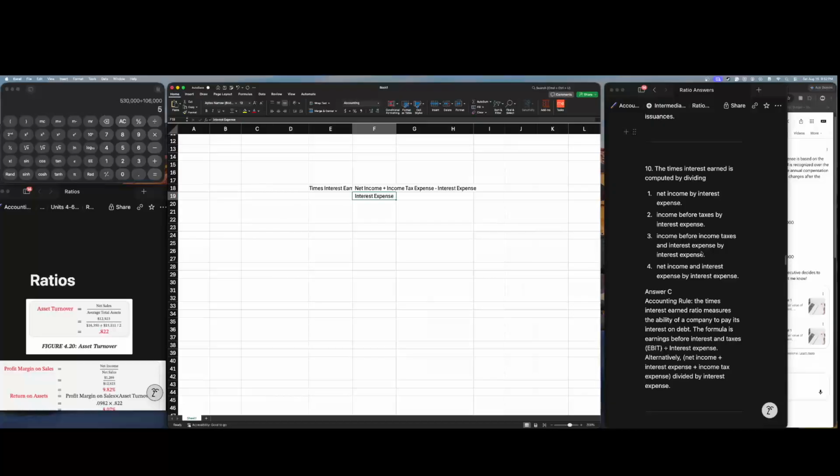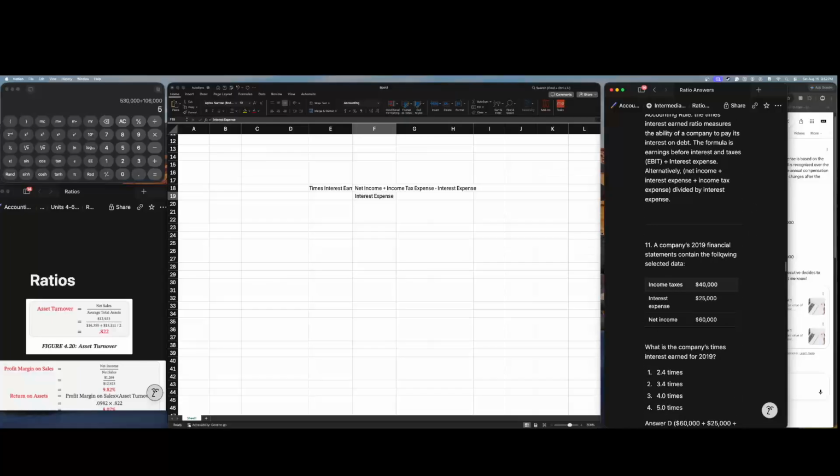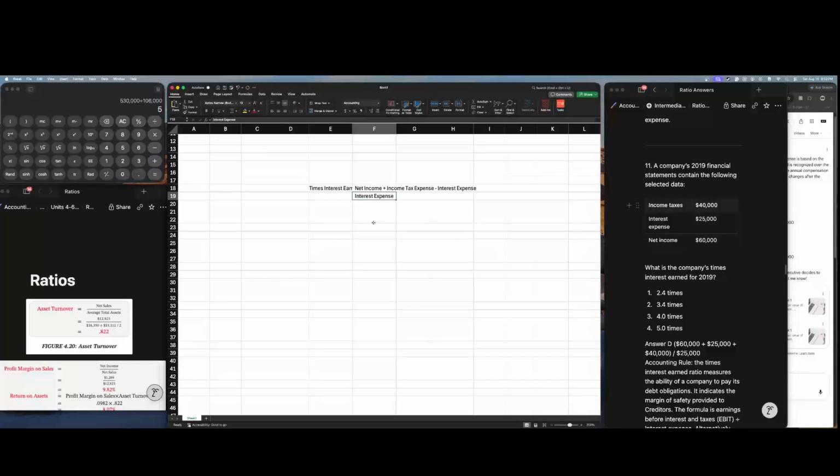You're dividing the net income before taxes and interest expense by interest expense. So, for example, net income is 2,000 plus the income tax expense 30,000 plus the interest expense 45,000, divided by the interest expense.